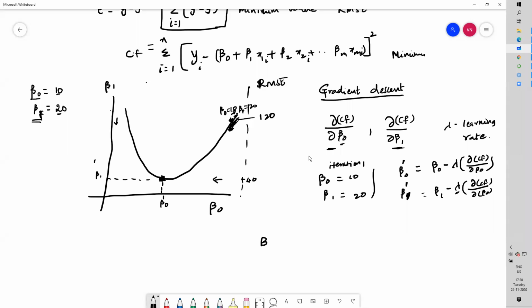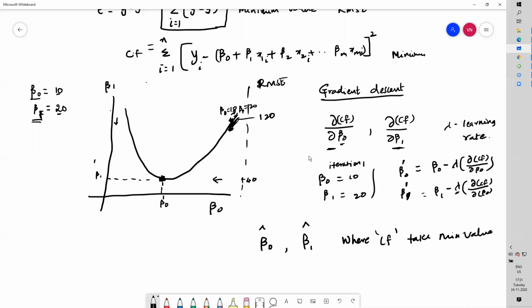That is going to be the final value of beta naught and the final value of beta 1, where the cost function takes its minimum value, right? This is exactly what we learned in our 11th standard. Maybe many of us didn't remember this. This is called maximization minimization. We popularly call it maxima minima.